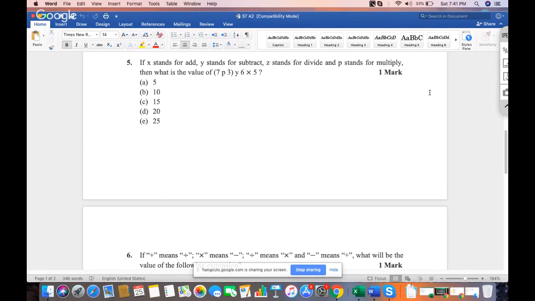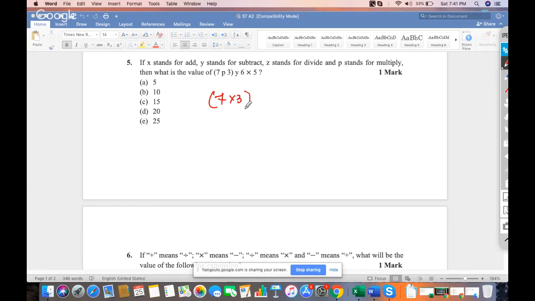So question number 5 is, so where is P? P stands for multiplication, so 7 into 3. Y stands for subtraction, so minus 6 into 5. And there is no X here. So, oh no, should I assume this to be X or multiplication?